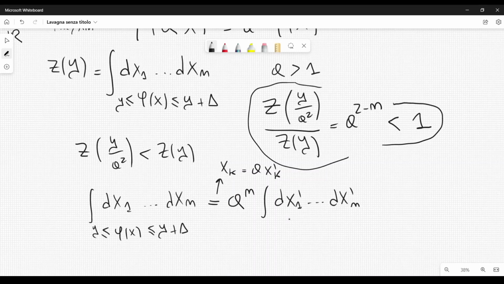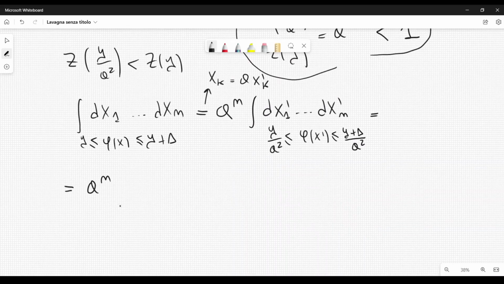And the constraint here can be rewritten like this. Since phi of x is a homogeneous quadratic function, we can rewrite it like this: y over a squared less than or equal to phi of x prime less than or equal to y plus delta over a squared. And this is equal to a to the n, then integral.